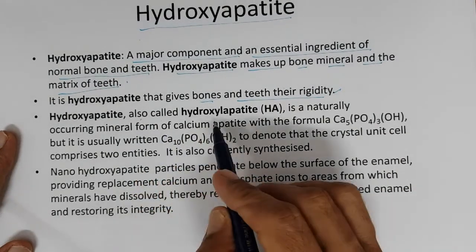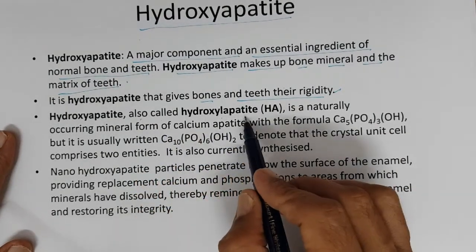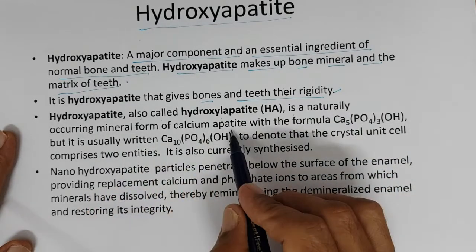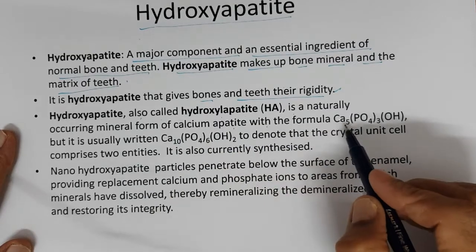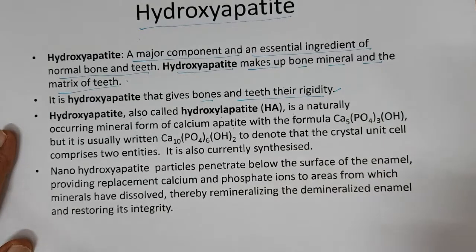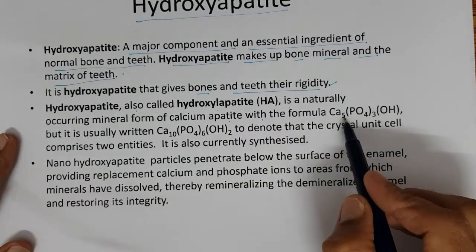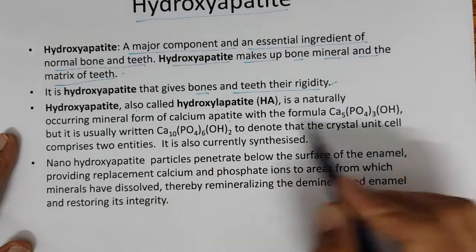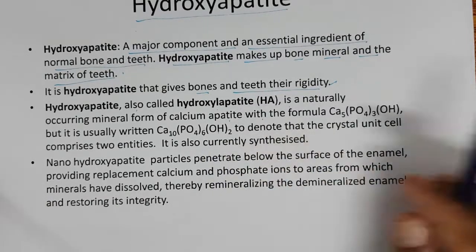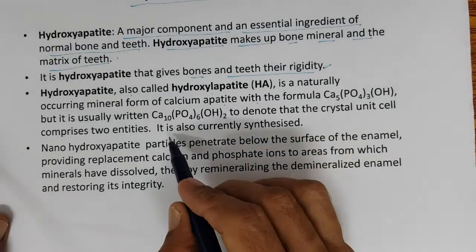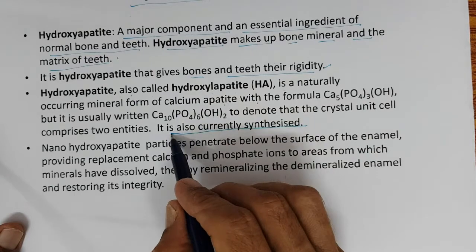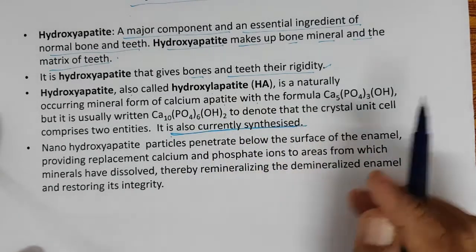Hydroxyapatite, also called hydroxylapatite, is a naturally occurring mineral form of calcium apatite, with formula Ca5(PO4)3(OH), but it forms as a dimer, which is why it is usually written Ca10(PO4)6(OH)2. The material occurs as a mineral and is also currently synthesized.